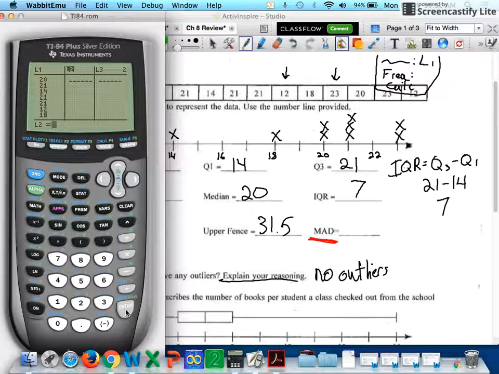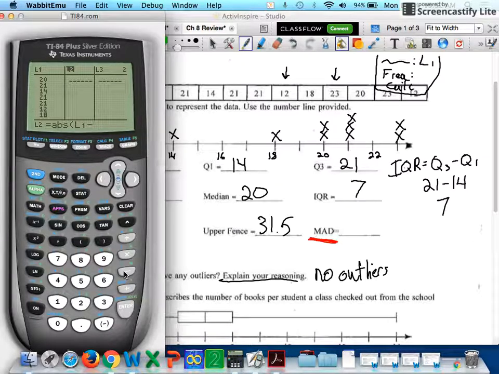What I want is the absolute value. The easiest way to get there is second 0. It opens up the catalog, and because the catalog's in alphabetical order, the first thing there is absolute value. What I'm calculating is the absolute value of list 1 minus the mean of list 1. Now, there's two ways really to go about this.